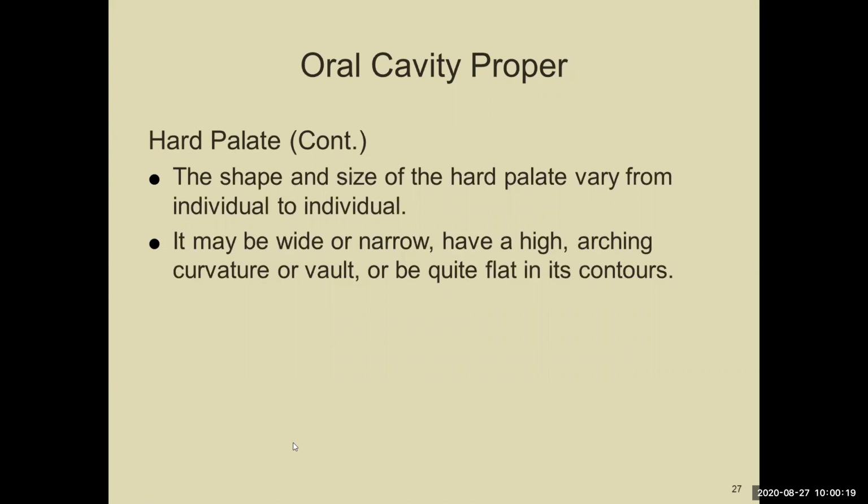The shape and size of the hard palate vary from individual to individual, and you are going to be describing that when you do your oral inspection. Is it narrow? Does it have a high vaulted arch? Narrow, high vaulted arch, those tend to be our mouth breathers, versus quite flat, that has a wide jaw.